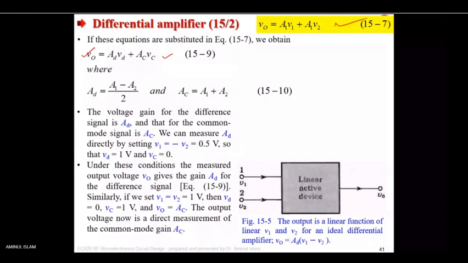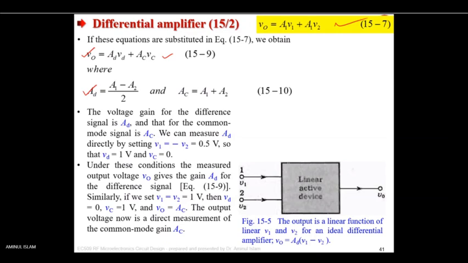Yes, sir. Where AD equals (A1 minus A2) by 2 and AC equals A1 plus A2. Here it is the common mode gain, and this is the difference gain.